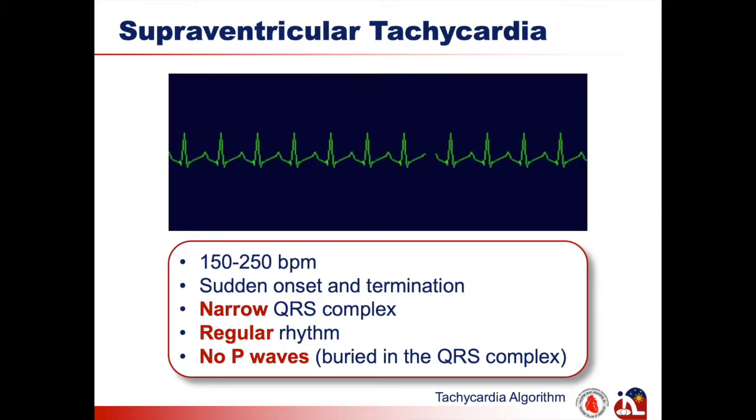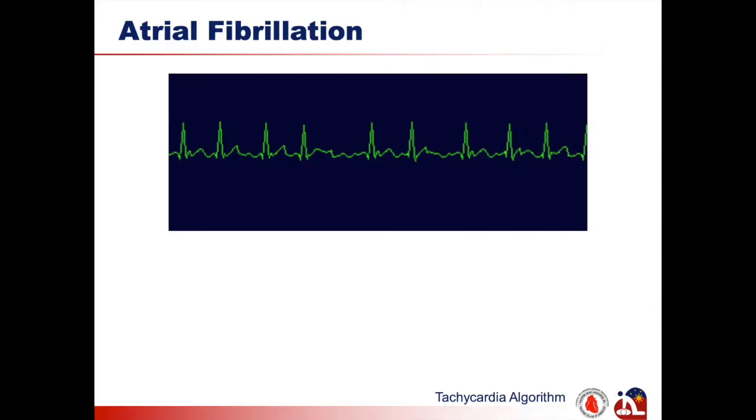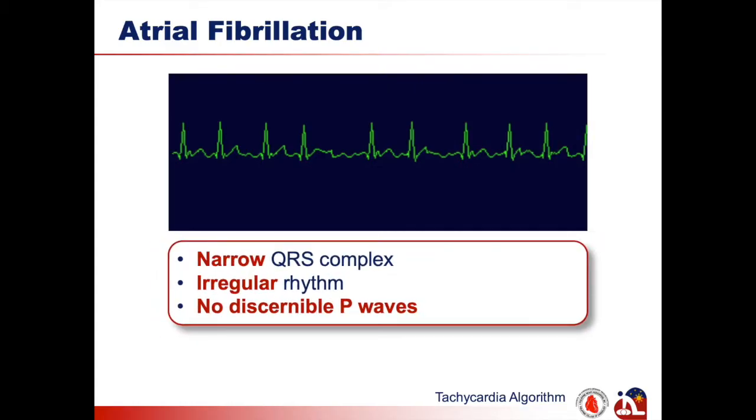ECG will show a narrow QRS complex and a regular rhythm with no P waves. These P waves are not really absent, but they're actually buried in the QRS complex. Atrial fibrillation will show a narrow QRS complex, an irregularly irregular rhythm with no discernible P waves.